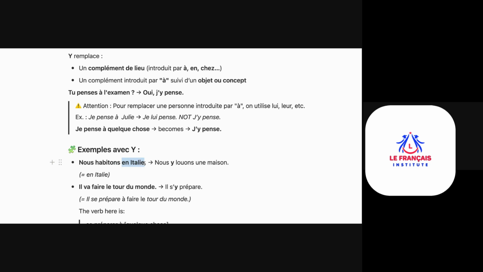Here we are replacing en Italie. This is a place and this is being introduced by the preposition en. So if you look at the chart, Y replaces any place complement that has been introduced by en.